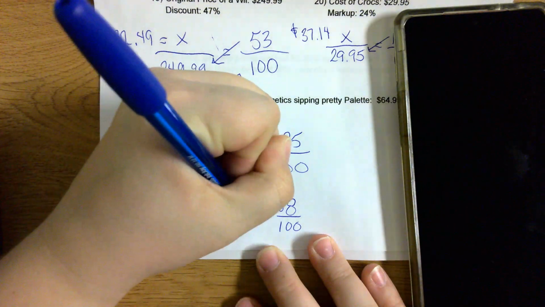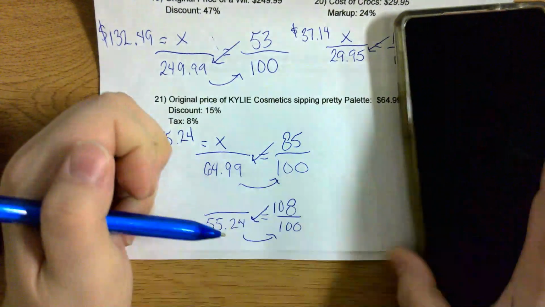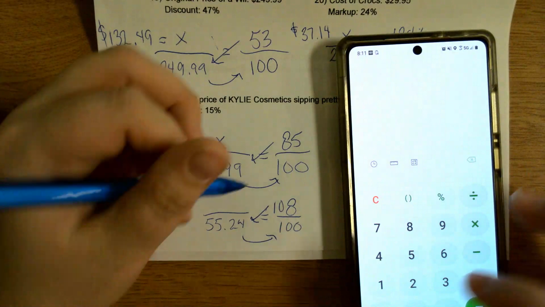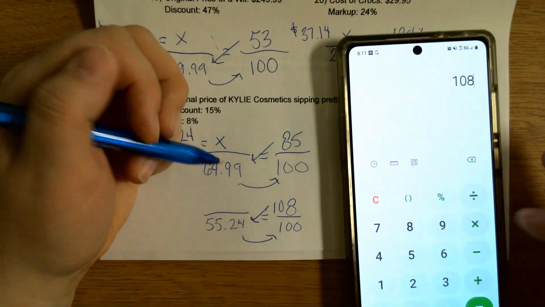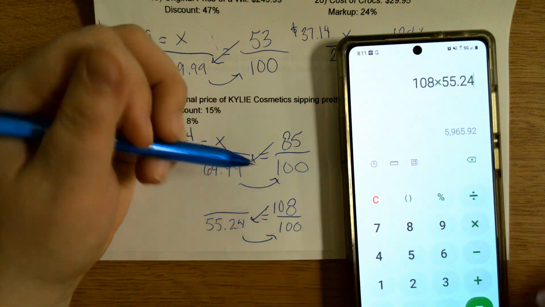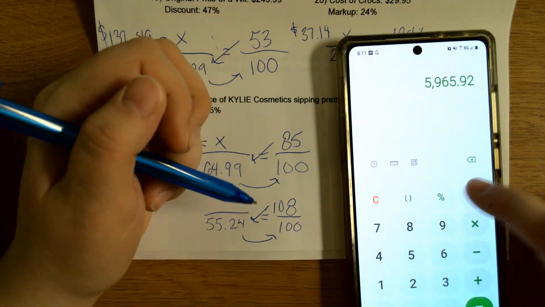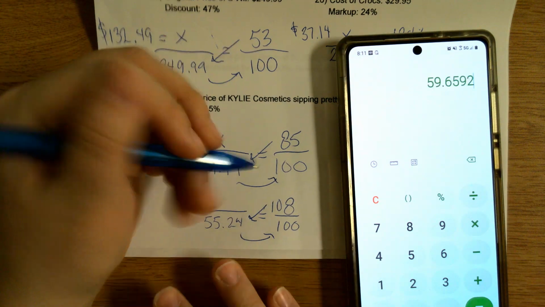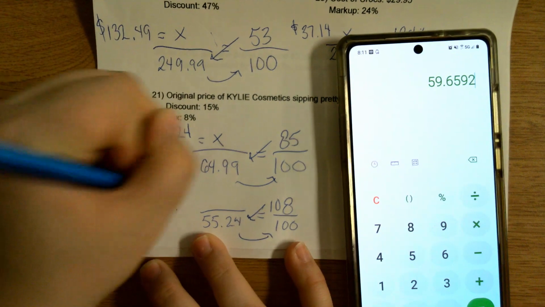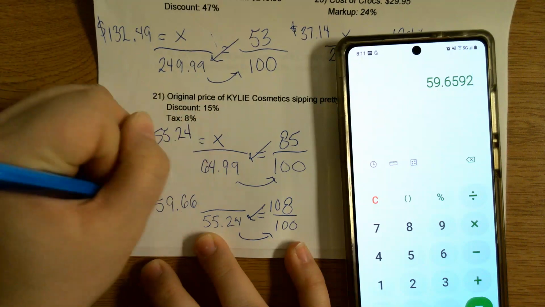So, cross multiply and divide. 108 times 55.24 divide by 100. And my end price is $59.66.